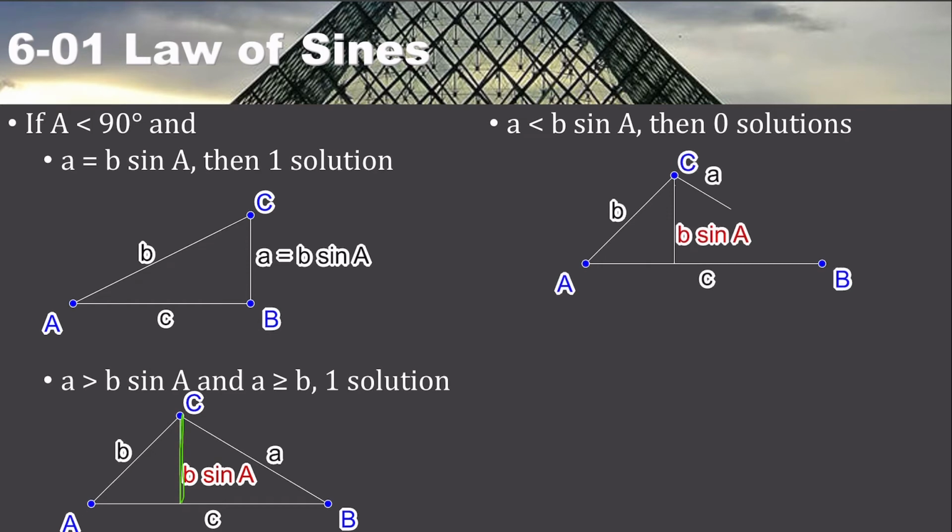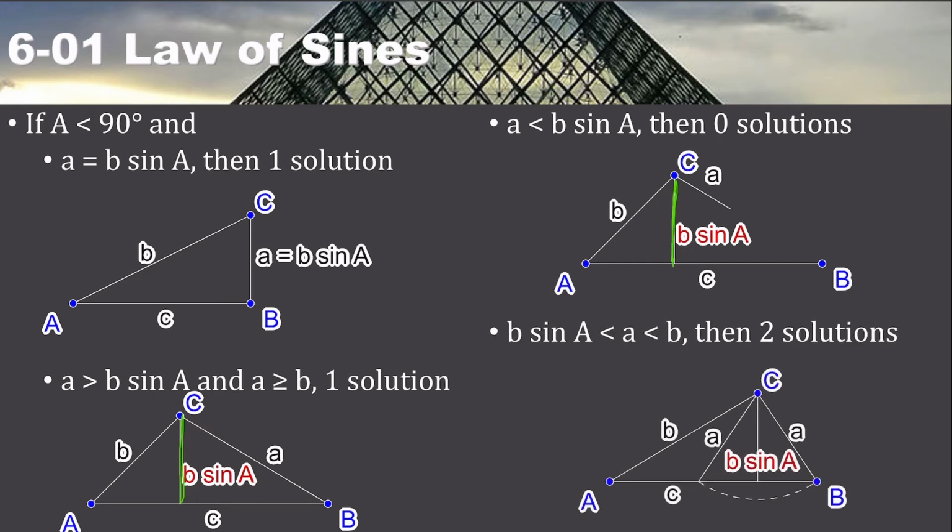If a is less than b sine of A, again, b sine of A is like the height. If a is shorter than that, there's 0 solutions. It's too short, it can't make a triangle. But if b sine of A is less than side a, and a is less than side b, you get 2 solutions. So you get the outside triangle, or you get this inside, the smaller triangle here.